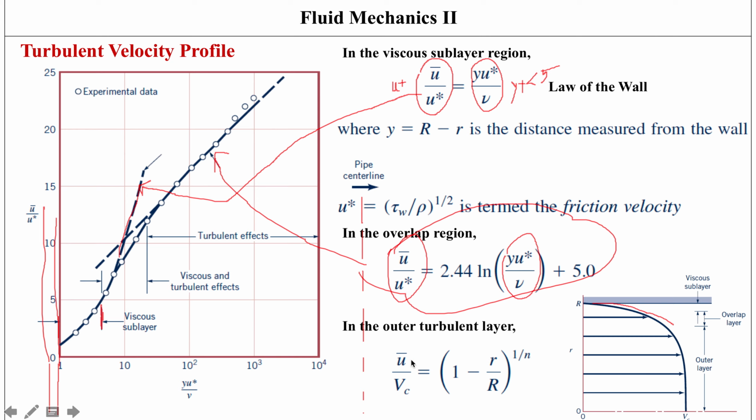It's an empirical correlation. Again, this is not an equation that is determined mathematically. It's determined based on experiments and physical reasoning. So these are three major layers that we look at within turbulent flow.